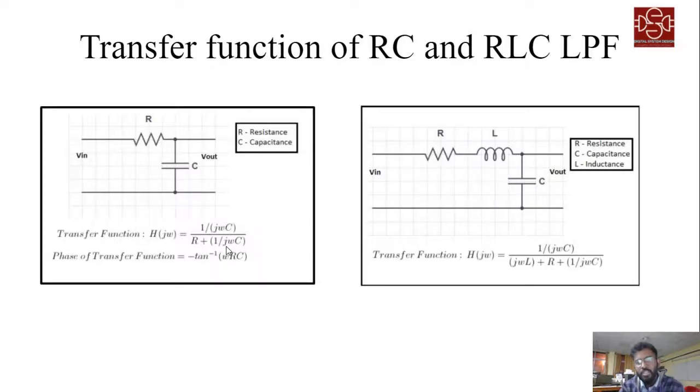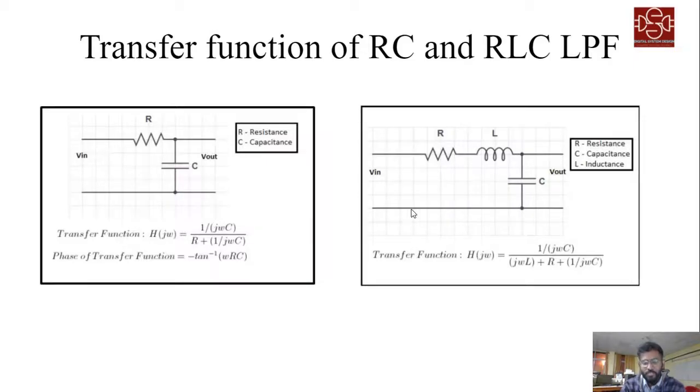If we put the frequency omega equals 0, then we get a higher value, that means it passes. And if we put omega equals infinity, a huge value, then the transfer function tends to 0. So this transfer function satisfies the low pass filter.